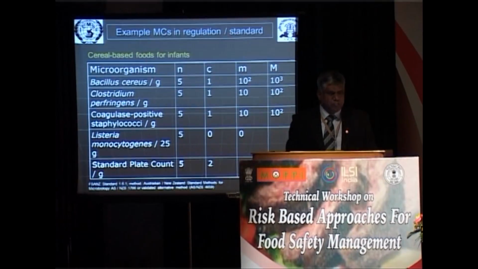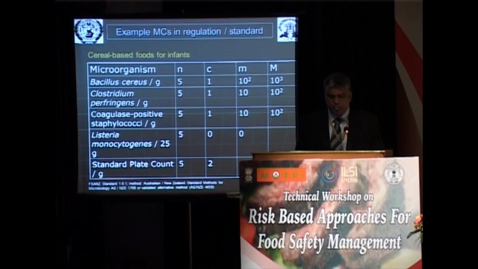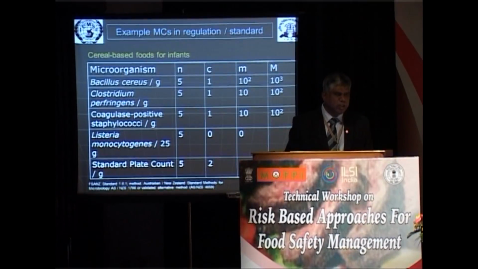This is an example of microbiological criteria with a sampling plan for cereal-based infant foods. We have N, the number of samples which should comply with the standards, and small m, the number of organisms, like Listeria monocytogenes.